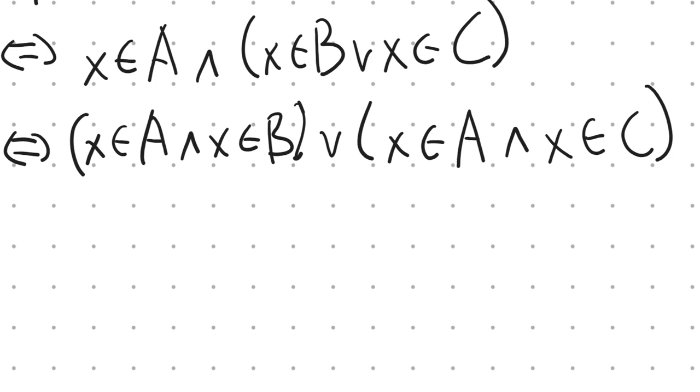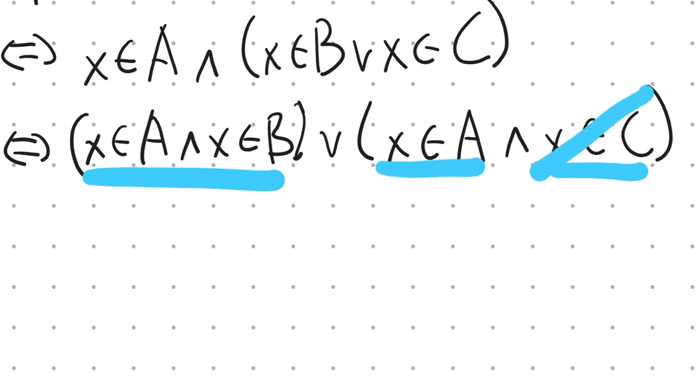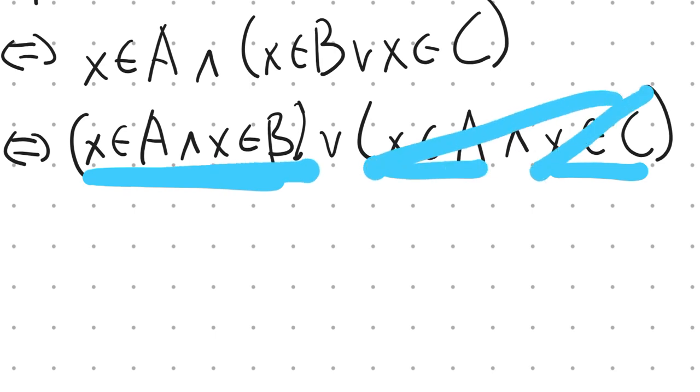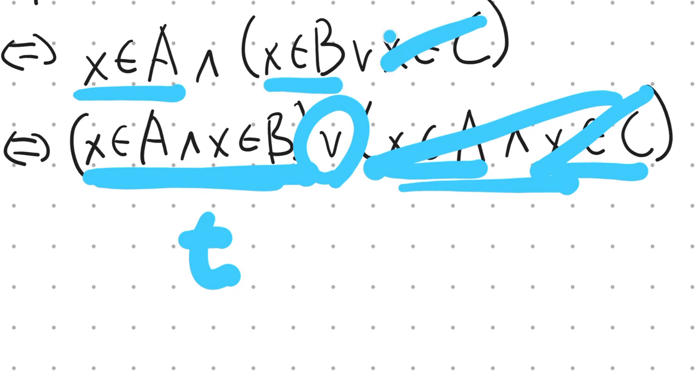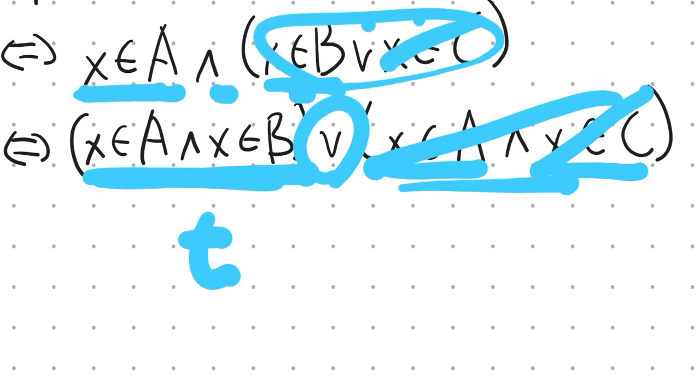Now the second one. Let's say x is in A and B. Okay? If x is in A and B, then this is actually true, and this is false, since x is not in C. So this is false, and a true statement or a false statement will give you a true statement. Now, the first one, x is in A, true, x is in B, true, false. So true or false will give you true, and true will give you true.